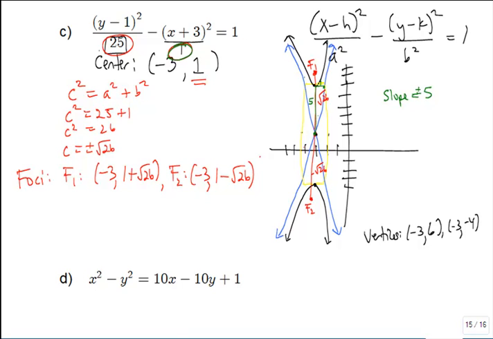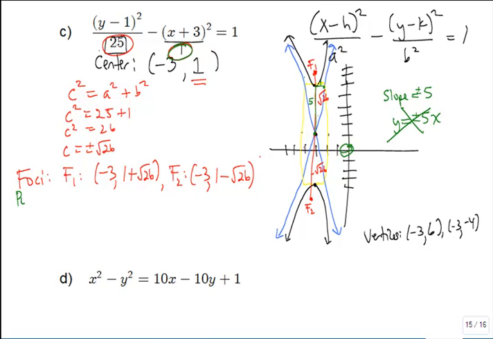The problem is my asymptotes are not going to be this time just plus or minus that slope 5 times x. That would only be true if the line went through the origin. And notice, because we have a shifted center, these two asymptotes do not go through the origin anymore. So what we're going to have to do is use the center point together with the slope that we know we're supposed to have, and use point-slope form to come up with the equation of these two new asymptotes.